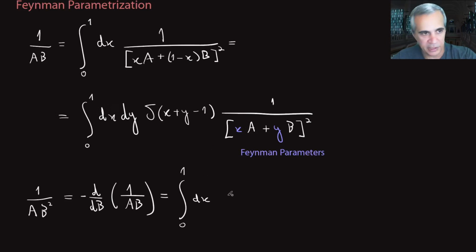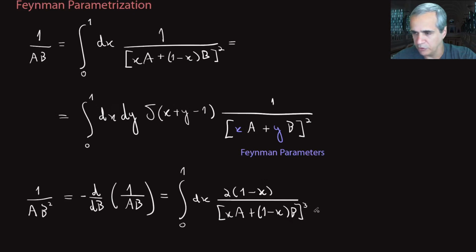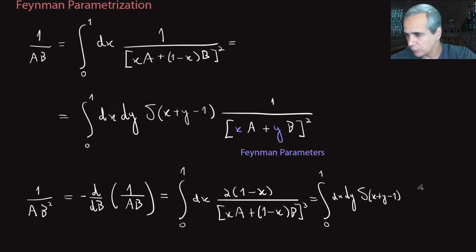Now you have to differentiate this part, which gets you to 1 minus x, and then (x a plus (1 minus x) b) cubed, which I can again write, if I want, in a more general way, as dx dy, the Dirac delta, x plus y minus 1, over this.